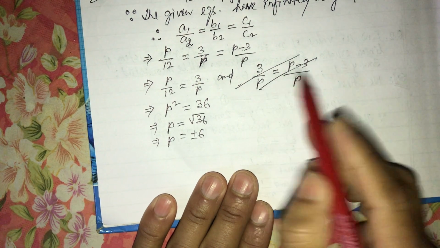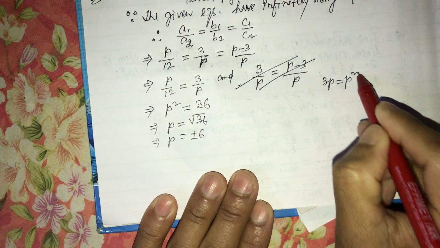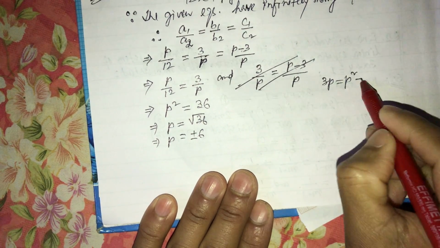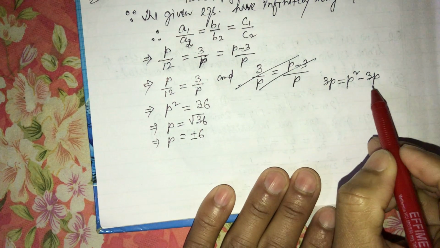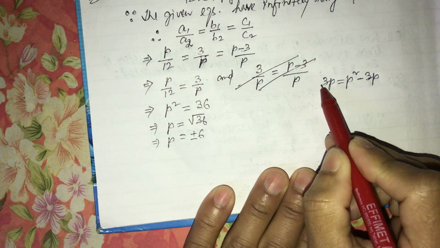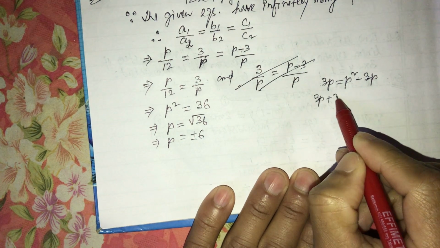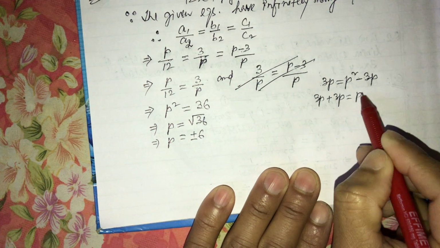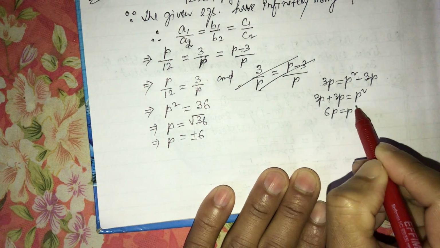See, p into 3 you will get 3p, p into p is p square, p into 3 minus 3p, right? Now this negative 3p I can shift towards the left, so minus becomes plus, 3p plus 3p equal to p square. Now 3p plus 3p will be 6p equal to p square.